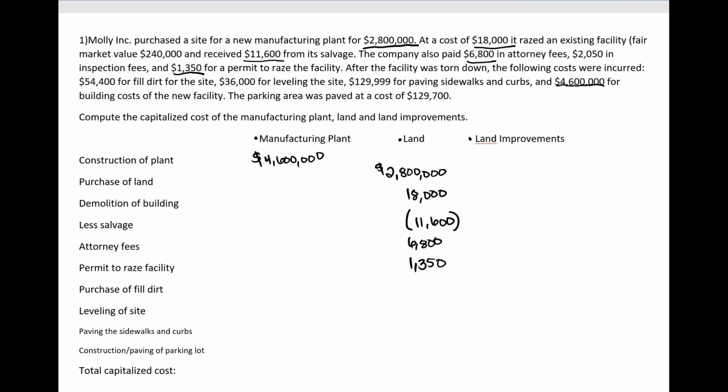Purchase of the fill dirt, $54,400. Leveling of the site, $36,000.